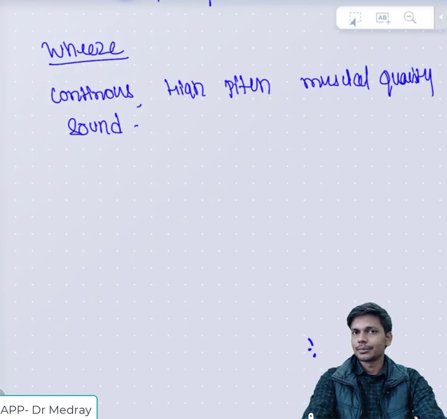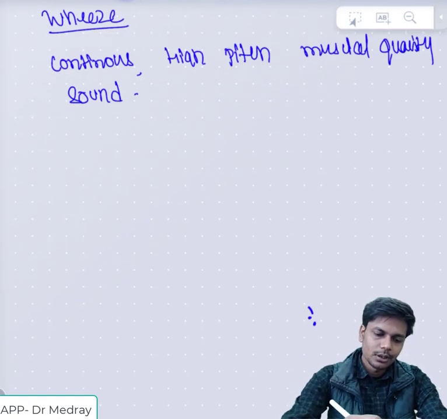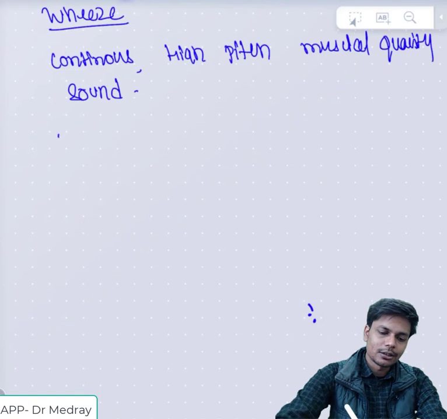When the bronchus becomes narrower, there is turbulent flow of air through this narrow bronchus, which produces a characteristic high pitched musical quality sound known as wheeze.